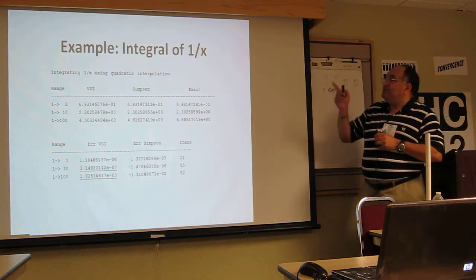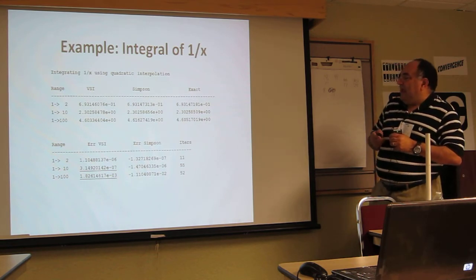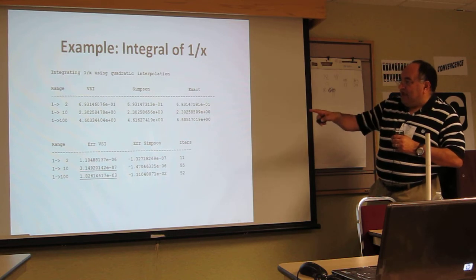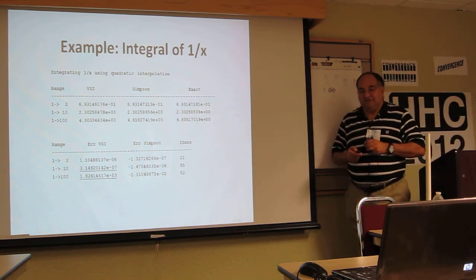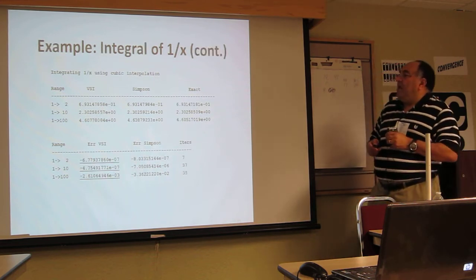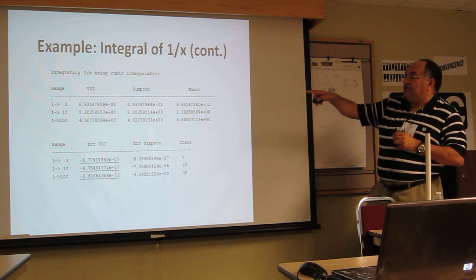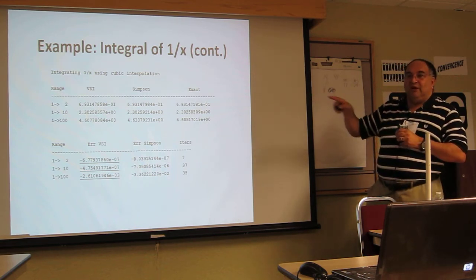In this case, I'm integrating 1 over x using the quadratic interpolation. And as you can see, I'm underlining where VSI does better. In the second and third range, VSI does better than Simpson. When I move from quadratic to cubic using the same ranges, I forgot to mention, I'm going from 1 to 2, 1 to 10, 1 to 100.